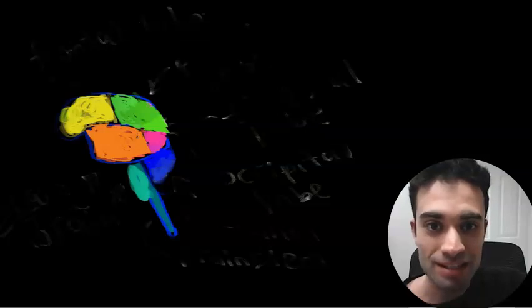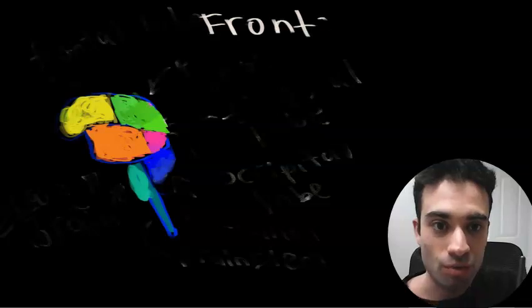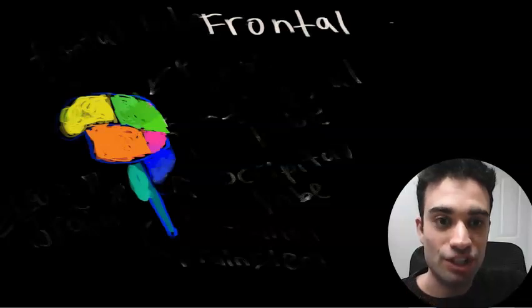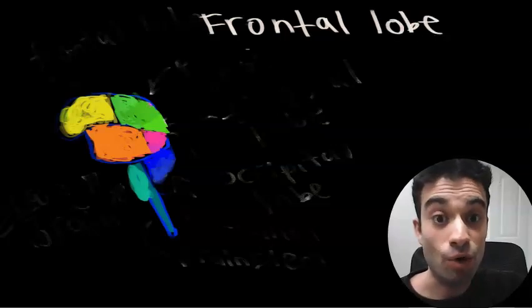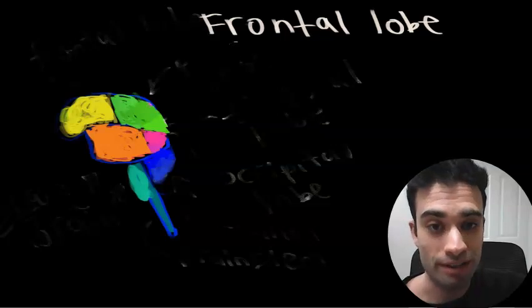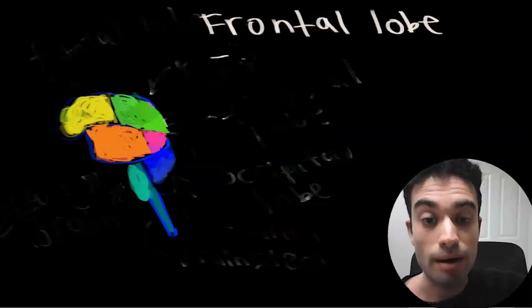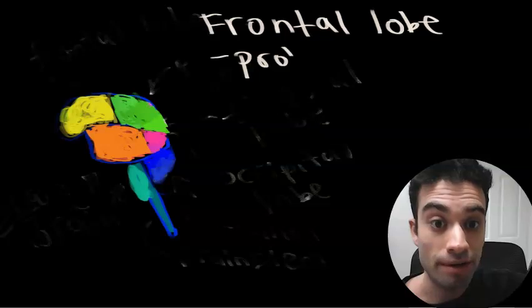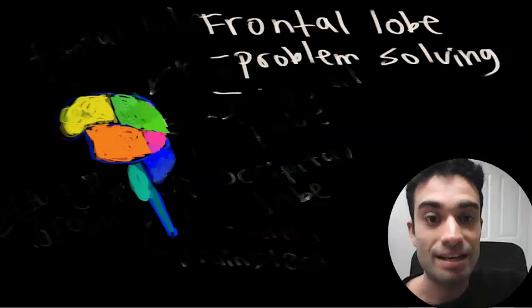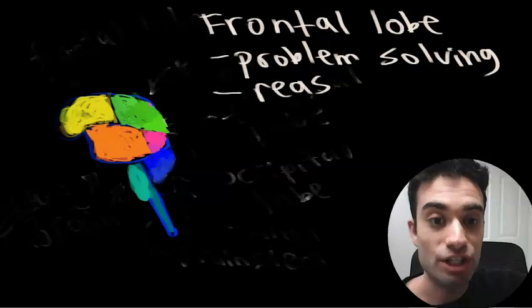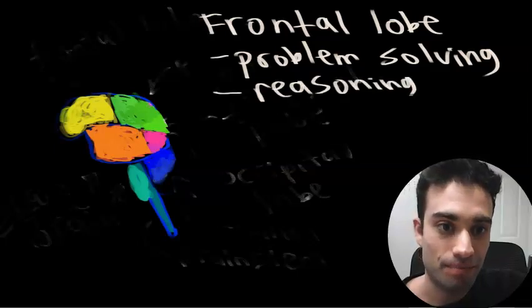So let's start with the frontal lobe. So what are some functions, let's say, of the frontal lobe? Well, the frontal lobe is very important for things like problem solving, as well as reasoning, cognition, things like that.